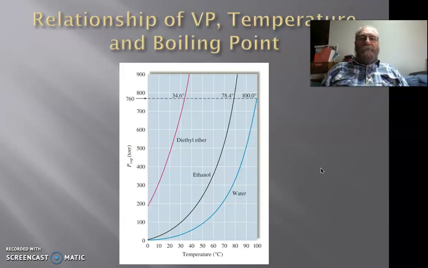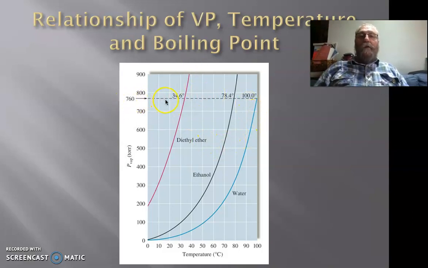So the relationship between different liquids and their boiling points. You can see here that diethyl ether will boil at about 30-something degrees. Ethanol boils at 78.4 degrees, and water boils at 100 degrees.